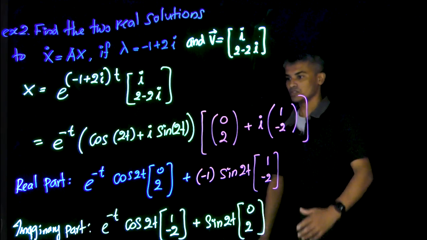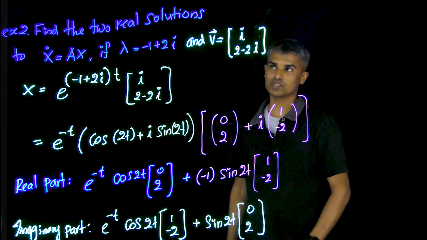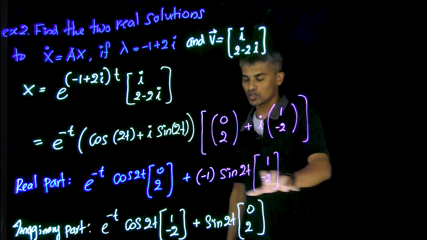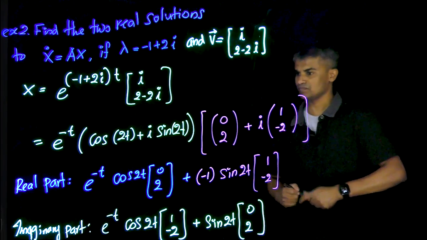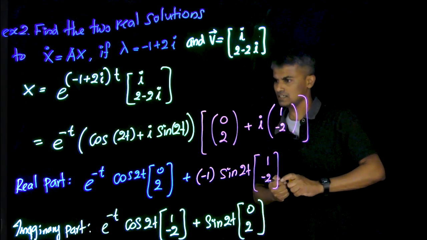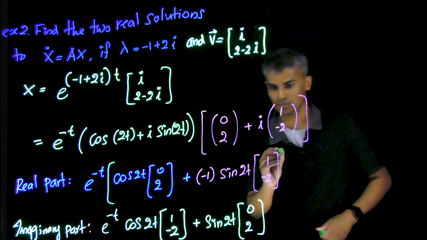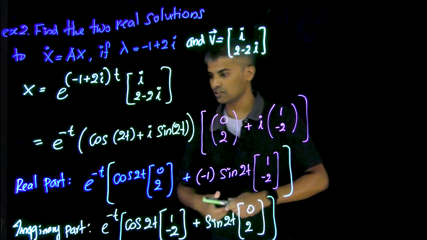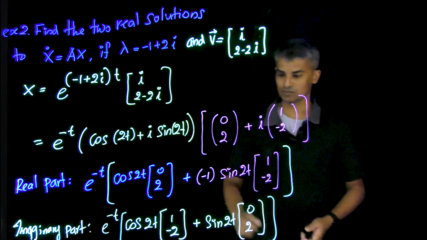That is it. So this is one real solution and this is the second real solution that corresponds to our problem, and if you want, you could simplify this. Okay, I think yes, I am going to draw parentheses. This e to the negative t term corresponds to both terms.